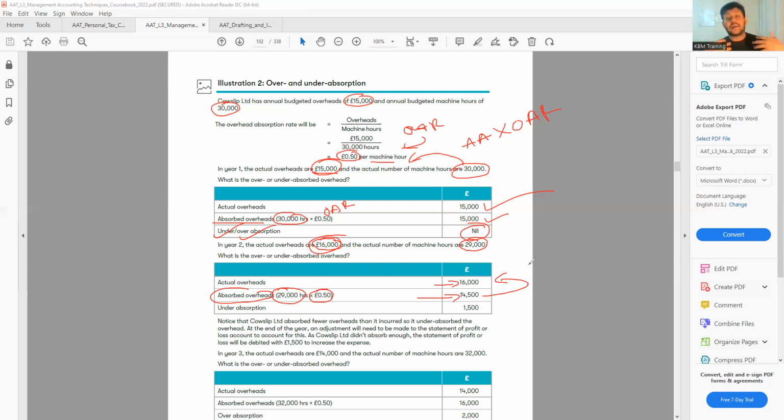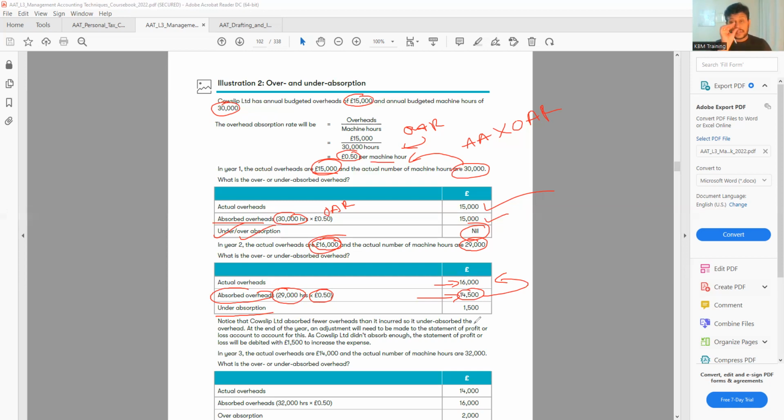We need to ask ourselves the question: did we absorb more or did we absorb less? Here we absorbed less because the actual is more, 16,000. If we absorb less, it will be under absorption.